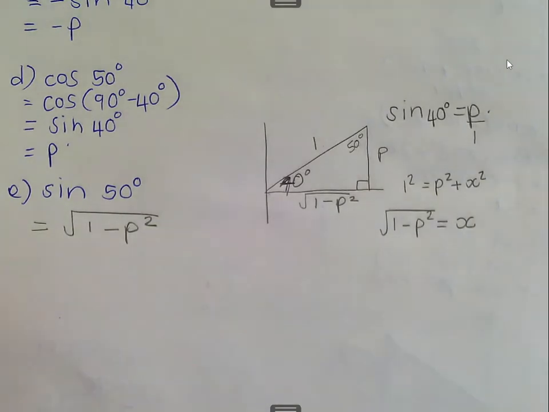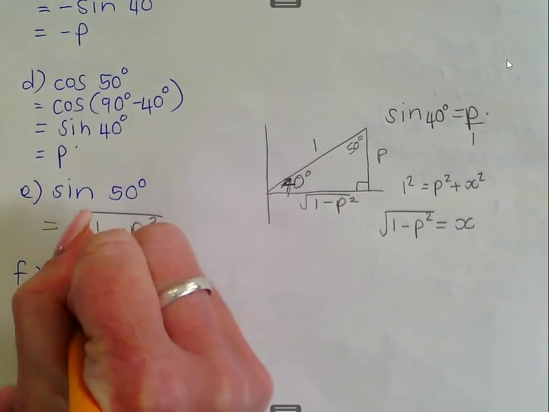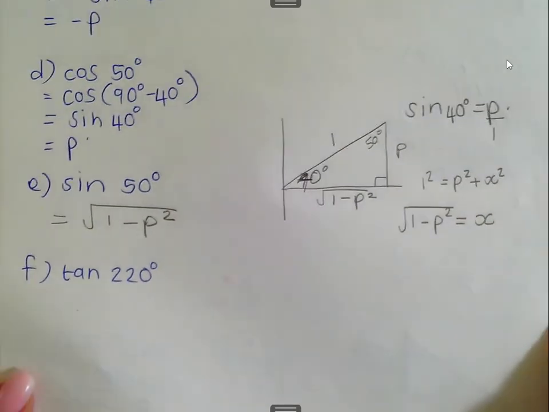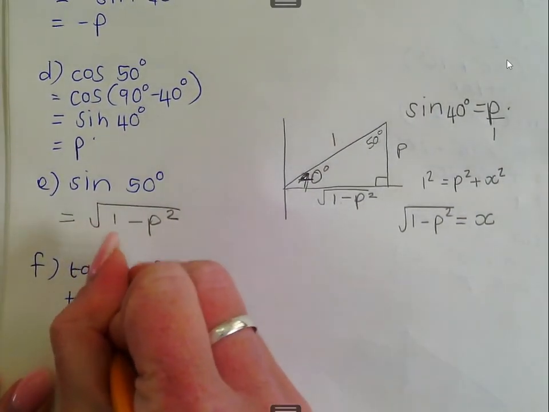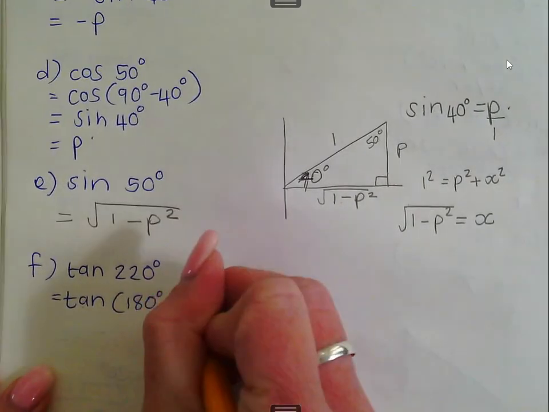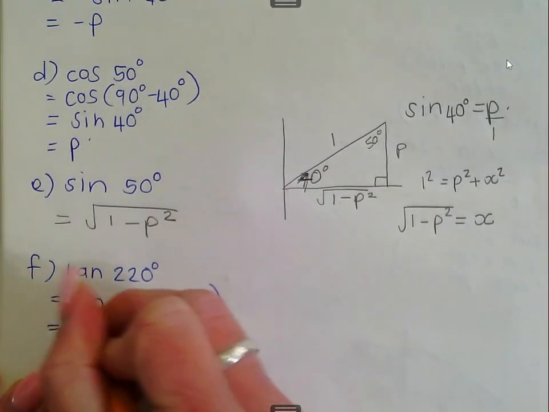Okay, and then the last one they asked for, F, was tan 220 degrees. Don't use cofunctions. How am I going to change tan? 180 degrees plus 40. Which quadrant is that? Third. Where tan is positive.